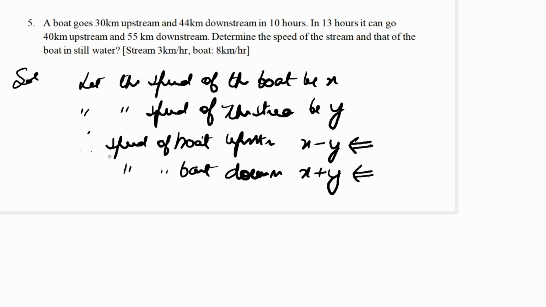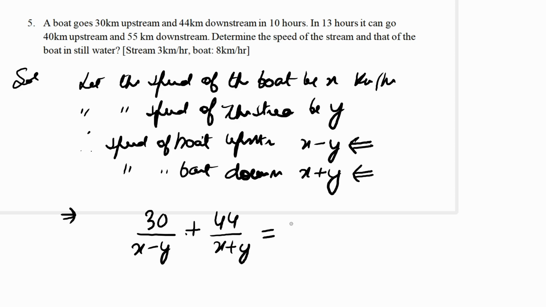Now what can we see? We can see the boat goes 30 kilometers, and all these speeds are in kilometers per hour. The boat goes 30 kilometers upstream and 44 kilometers downstream in 10 hours. So in case 1, when it is going upstream, time is equal to distance upon speed. So upstream is 30 upon x minus y and downstream is plus 44 upon x plus y.